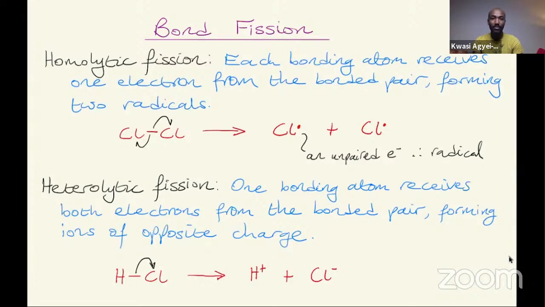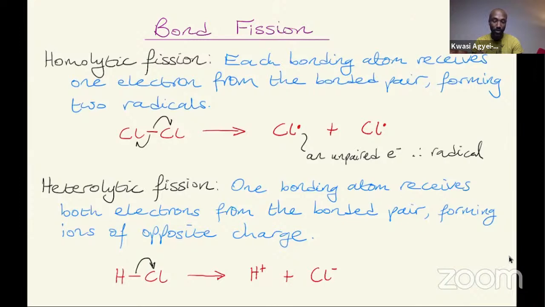So this bond breaking process we've just seen introduces the idea of the curly arrow. And this curly arrow is showing the movement of the pair of electrons in our bonded pair towards the chlorine atom to form the chloride ion.